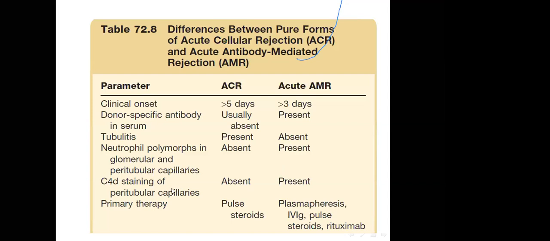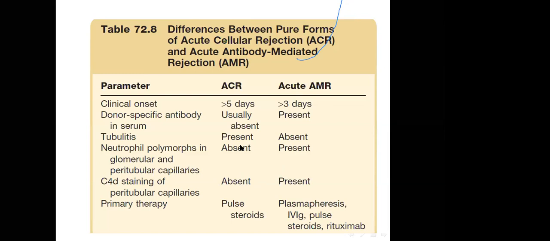And the main difference between cellular rejection and antibody-mediated rejection is the presence of the antibodies. Antibodies will stimulate the complement system, and it will cause C4d staining in the graft in antibody-mediated rejection, but this will not happen in cellular rejection.